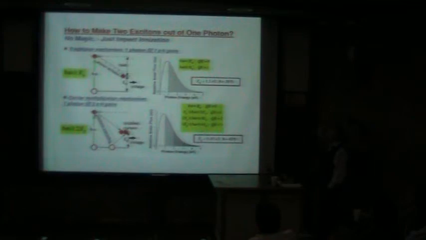And finally, there is some physics, of course. And the most dramatic physics in photovoltaics right now is the following. All of us know from the textbook that one photon can generate one electron and one hole.